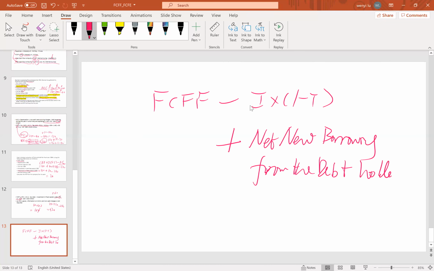That will be the free cash flow to equity.